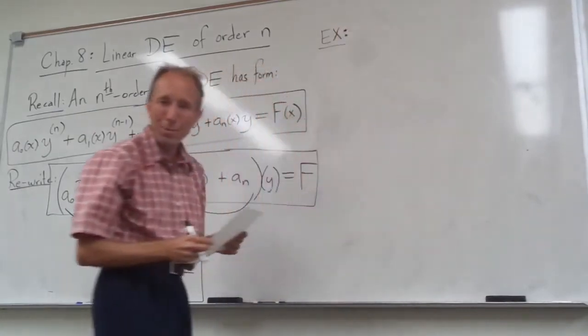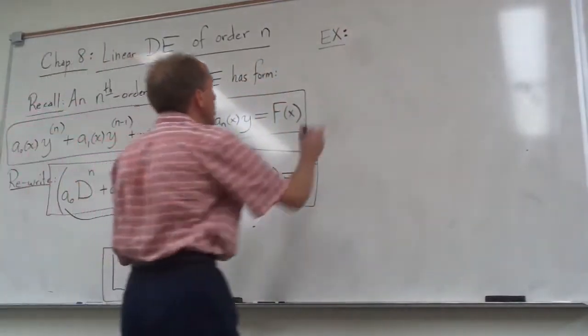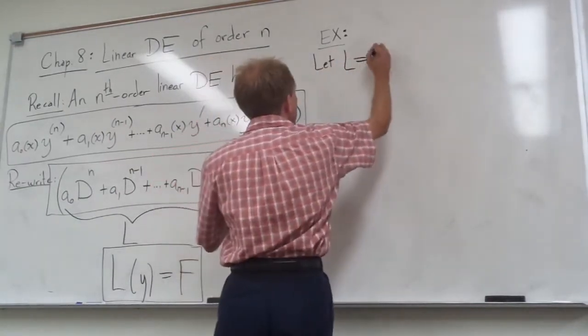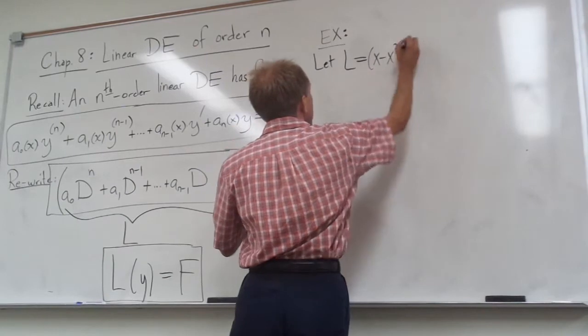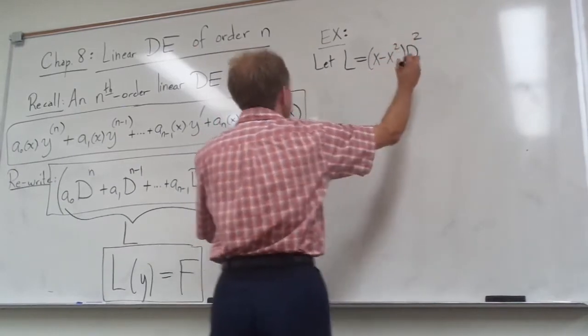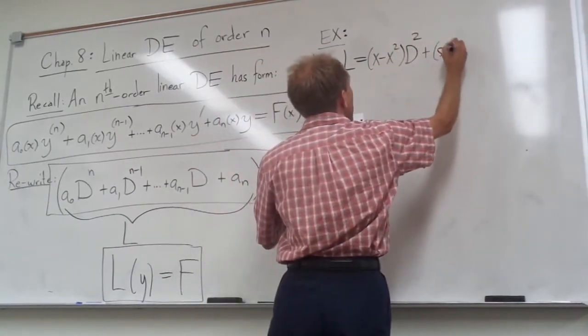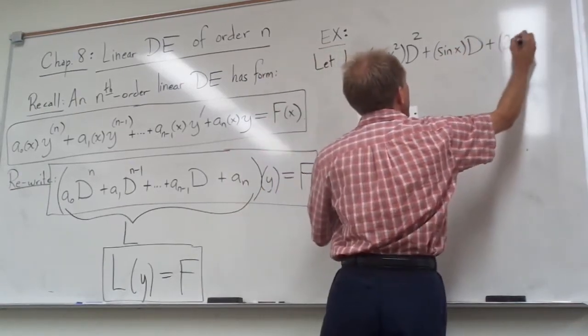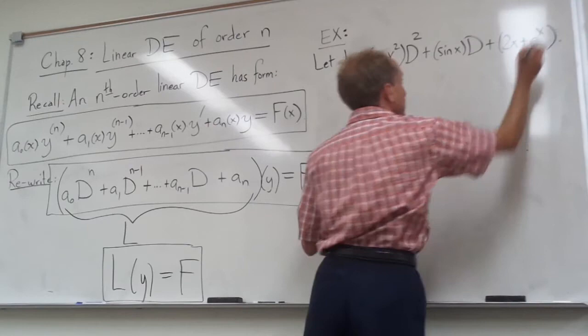Let me just show you a quick example of how this might be applied on a problem, similar to a homework problem. So let's let L be equal to the following expression: x minus x squared D squared, plus sine of x times D, plus 2x plus e to the x. Okay?